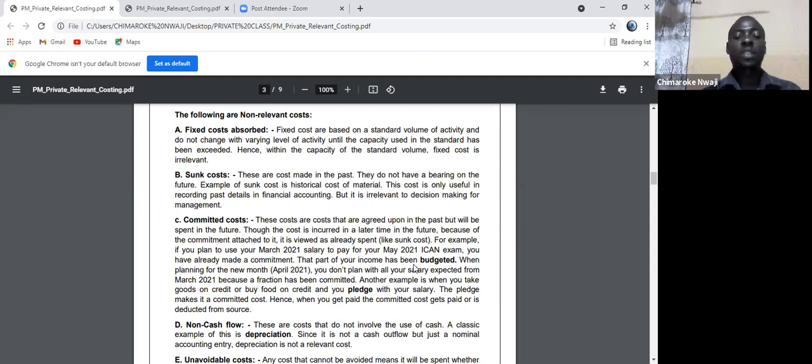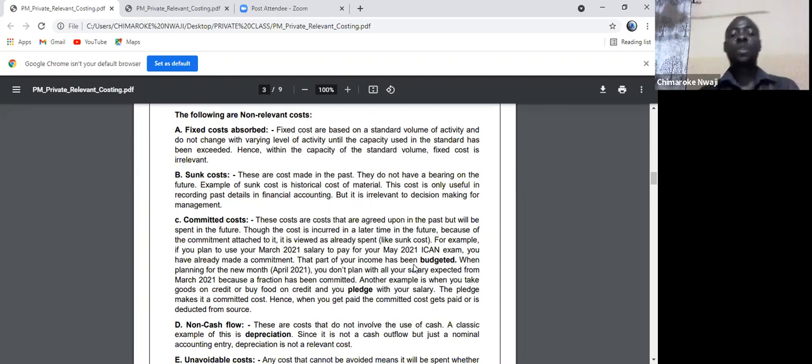Okay, so what about committed cost? Committed costs usually sound as though they are future costs. These are costs that are agreed upon that will be spent in the future. But don't be deceived by the futuristic nature of committed costs. They also have an element of sunk cost in them.